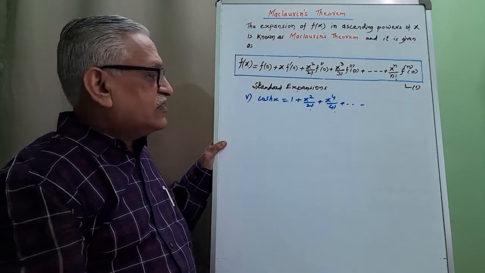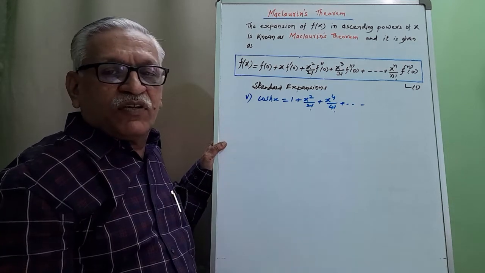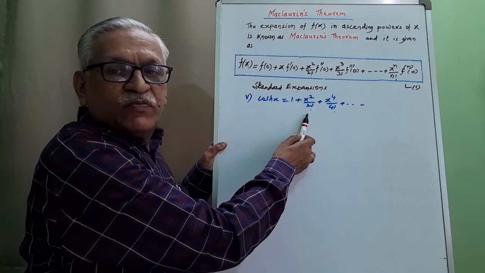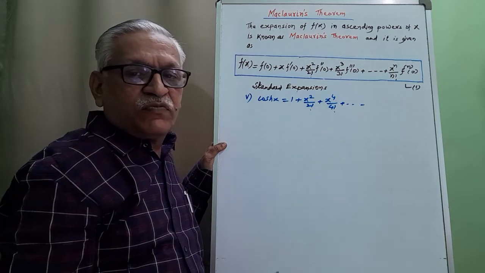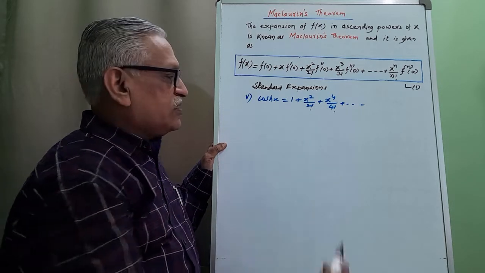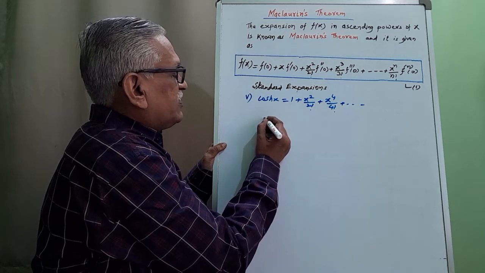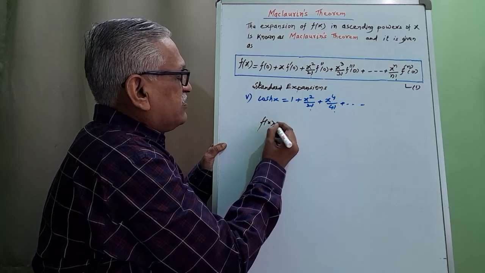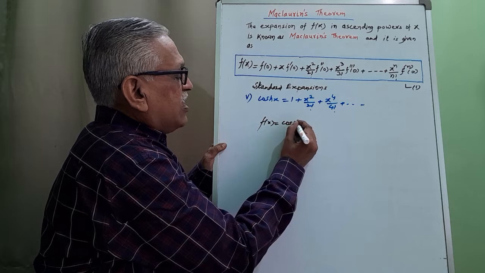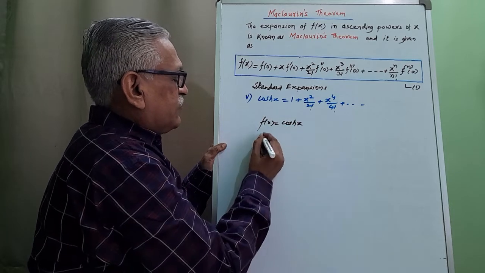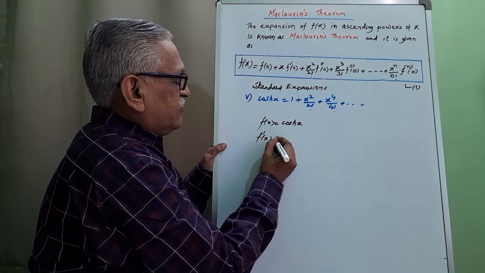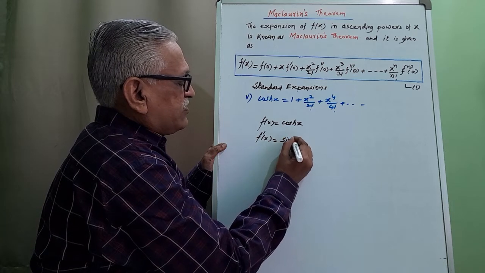Fifth result, series for cos hyperbolic of x as 1 plus x square by 2 factorial plus x raised to 4 by 4 factorial, and so on. And to obtain this, once again we consider f of x as cos hyperbolic of x, differentiating it with respect to x. First derivative is sine hyperbolic x.